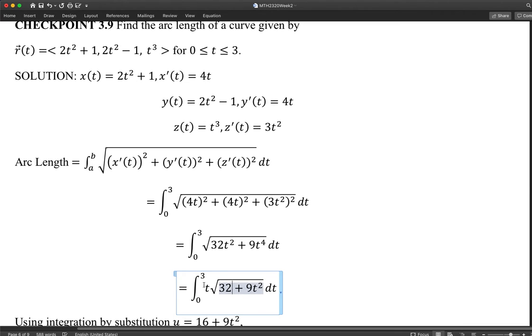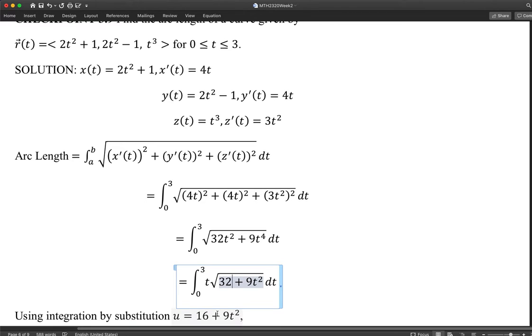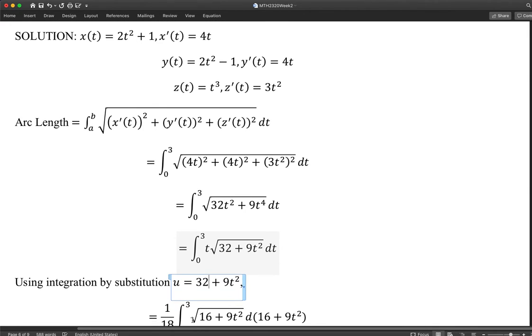To consider this integral, as I said earlier, you need to consider integration by substitution. So you should take u as 32 plus 9t squared. I hope you see du will cover t and dt together. So du is 18t dt, and t dt together is 1/18th of du.